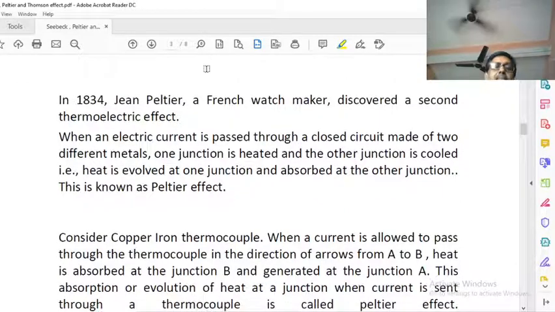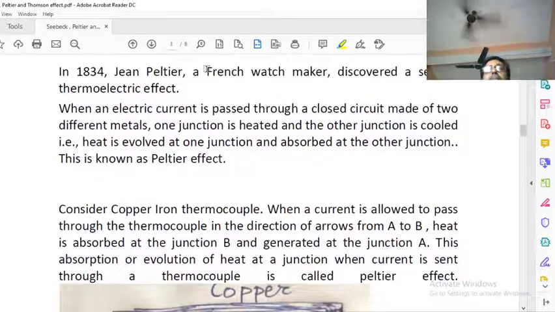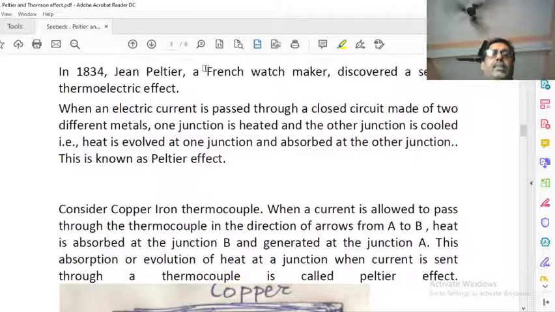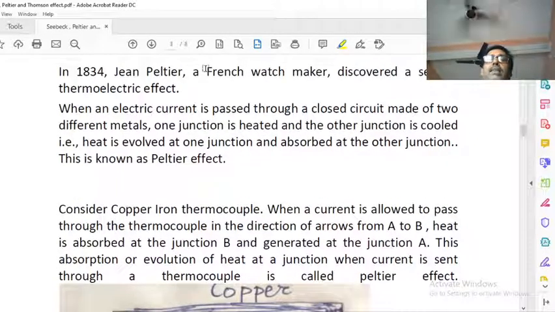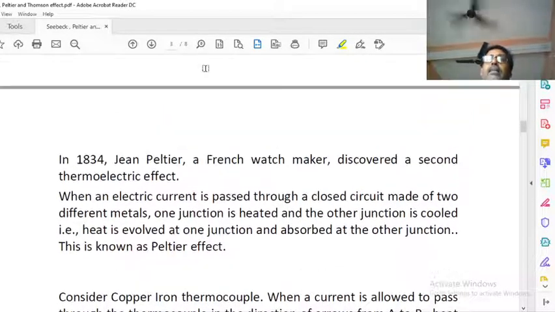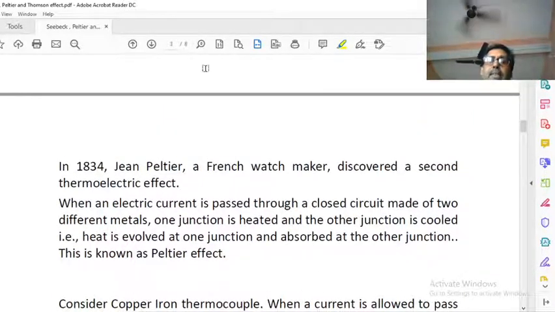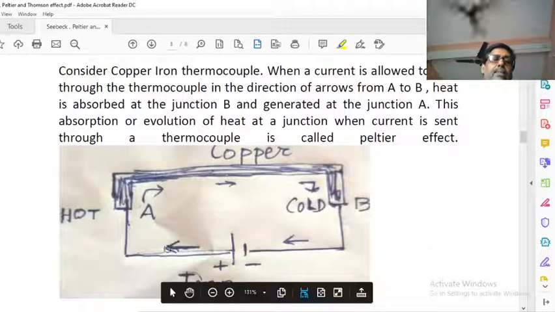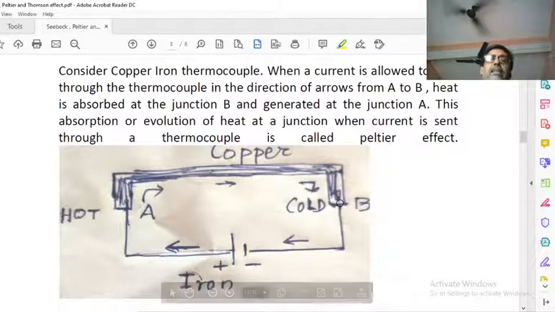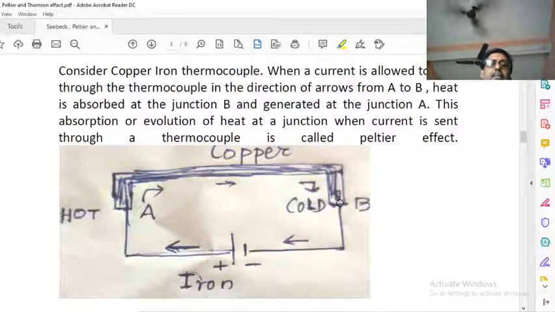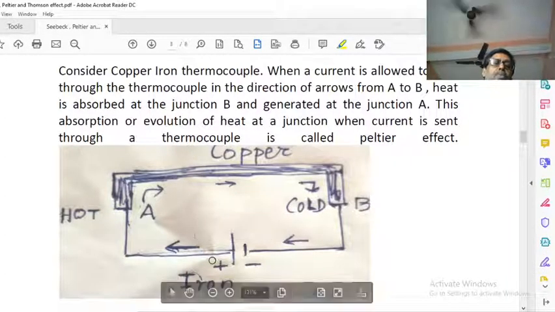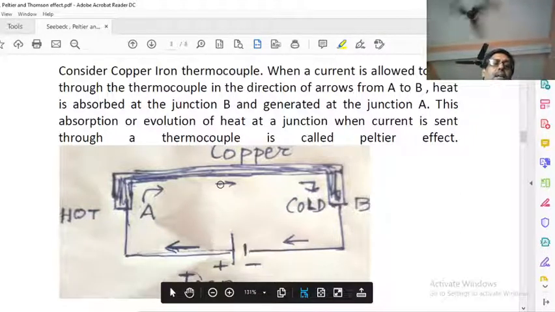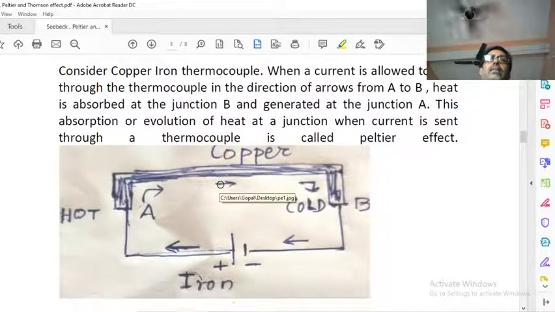That means at one junction heat is evolved, at the other junction heat is absorbed. This is the difference. So in Seebeck, heat, or you may say temperature difference, gives current. Here, if current is given, heat is evolved at one junction and absorbed at the other junction. So here heat is produced due to current.